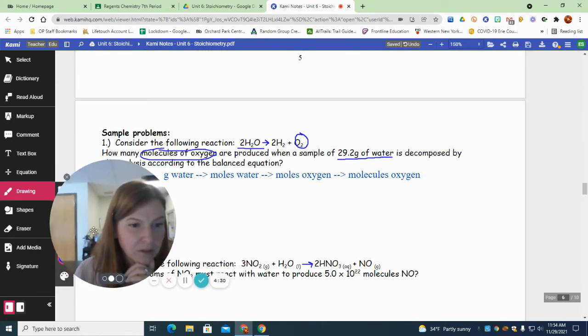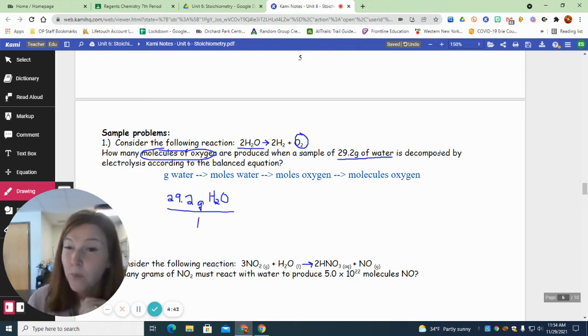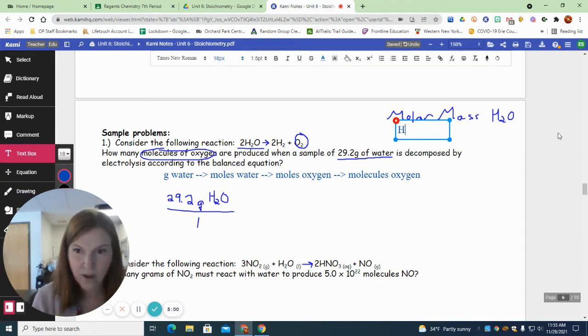We have our 29.2 grams of H2O. Somewhere off to the side, I am going to find the molar mass of H2O. So to do that, I'm going to take inventory.